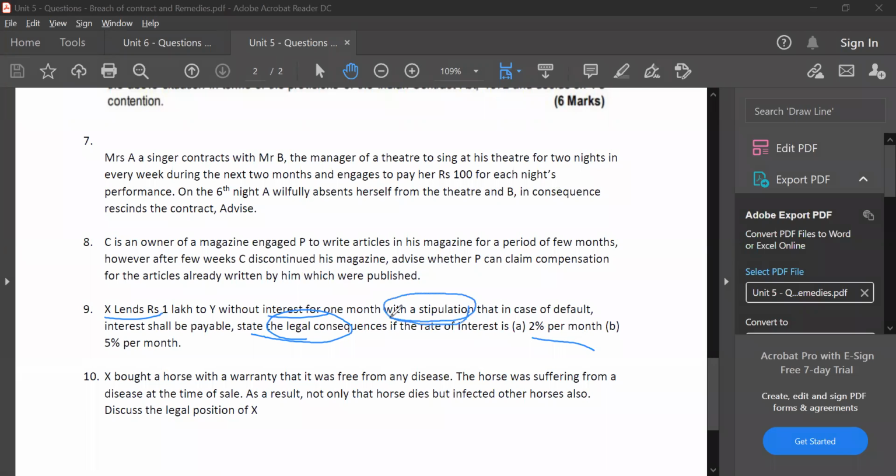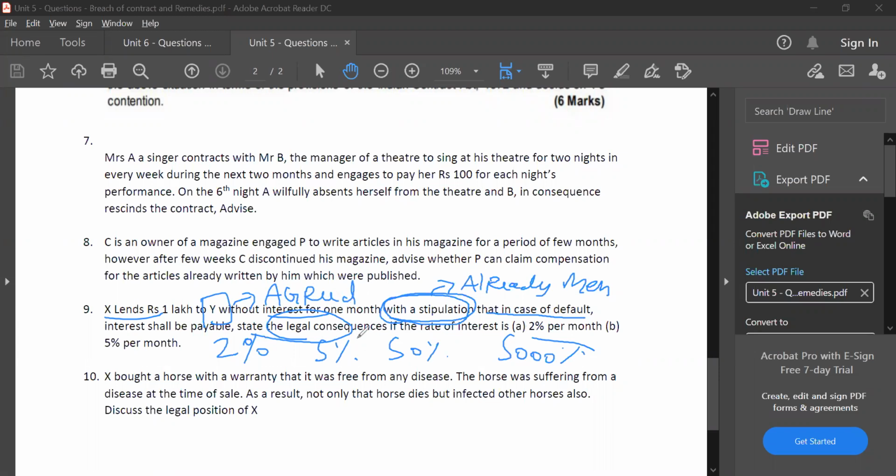The words with a stipulation say it is already mentioned in the contract that in case of default, interest shall be payable. State the legal consequences. Whether it is 2%, 5%, 50%, or 5,000%, who agreed for this? He already knew about this. Therefore, he has to pay whatever percentage is mentioned.